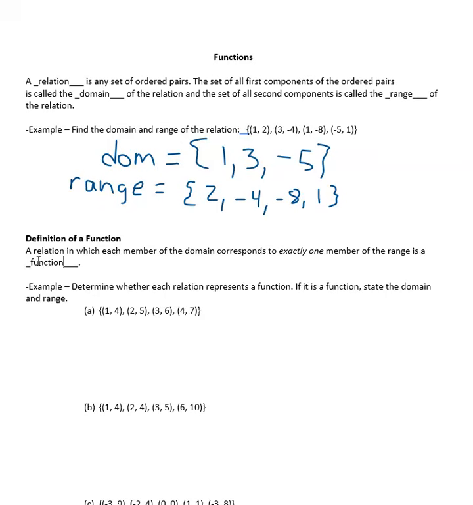So if we go back up here to our previous example, we said it was a relation, but is it a function? And the answer is no, because 1 corresponds to 2, but 1 also corresponds to -8. So since 1 does not correspond to exactly one member of the range, it corresponds to two different ones, then this would not be a function.